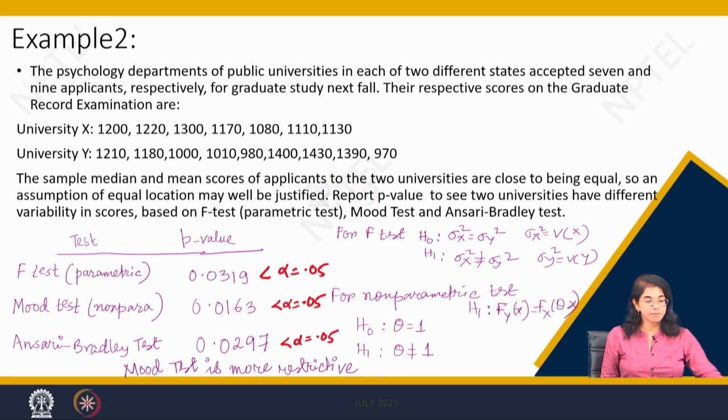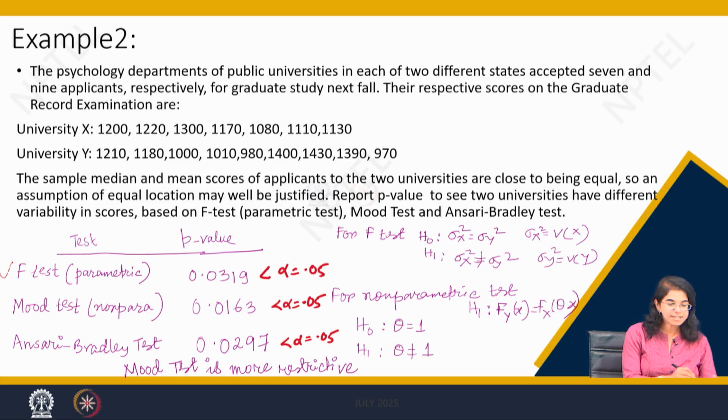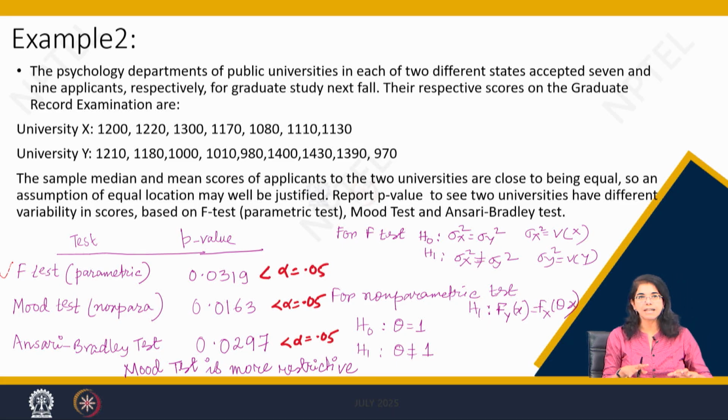Already I have discussed the example too, but in this part, I am just trying to show you how p-value differs for F-test, which is under the normal assumption, 0.0319, mood test 0.0163, and Ansari-Bradley test 0.0297.